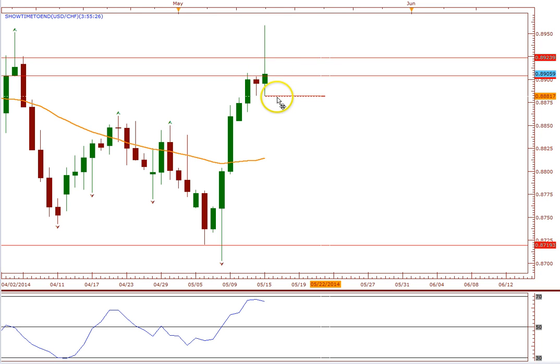You want to put your stop loss probably above this level, but even above this pin bar is a good thing too. But if that's too far, a couple pips above this resistance level here is going to be good. Okay, so that would be a good stop loss. And then if the market just broke this level, then your stop loss isn't that big.